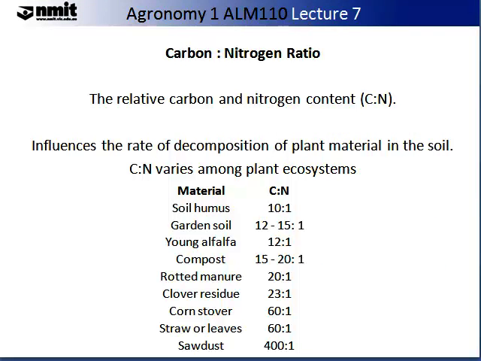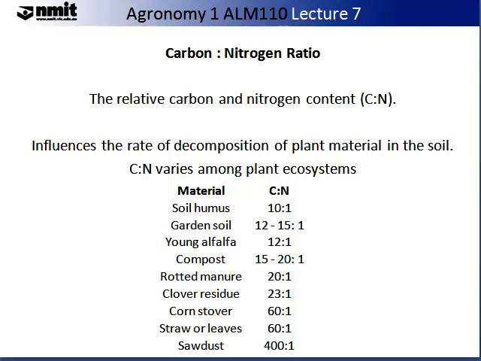Another important concept to understand is that of the carbon and nitrogen ratio and how it relates to decomposition in your soils. The carbon to nitrogen ratio is the relative amount of carbon to nitrogen. It influences the rate of decomposition of animal and plant material in the soil.